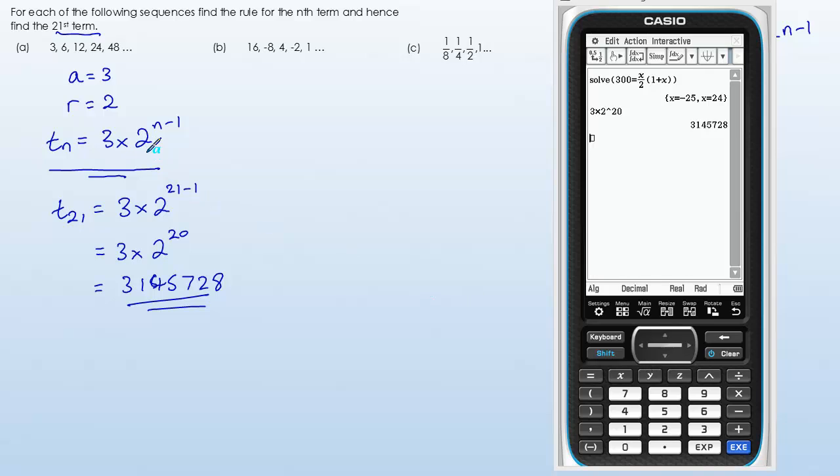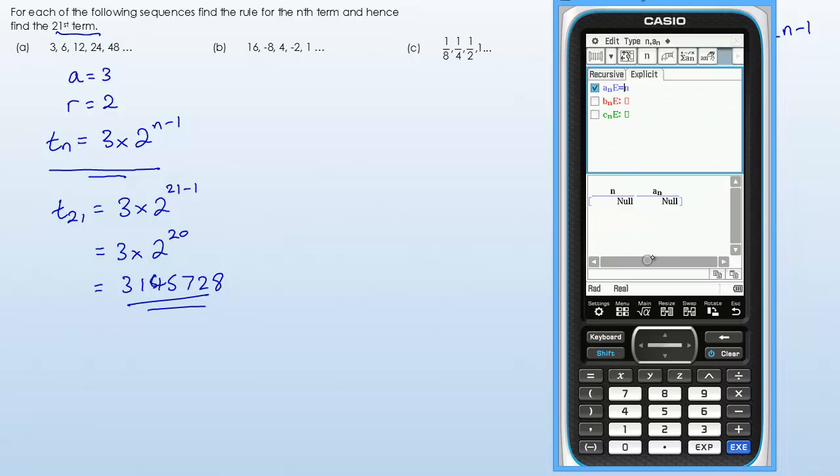So once we have the nth term, we could go back to the sequence generator. And then we have 3 multiplied by 2 to the power n minus 1.